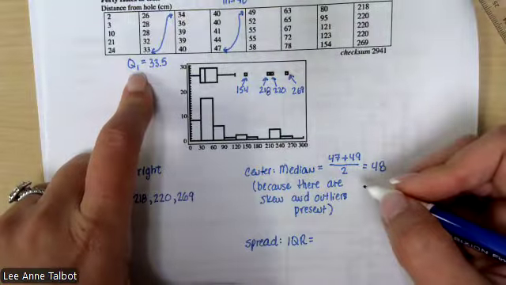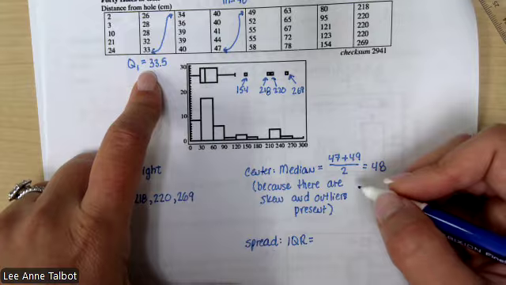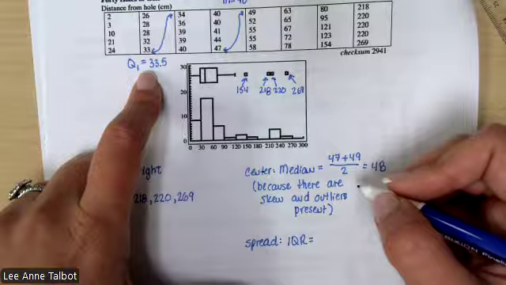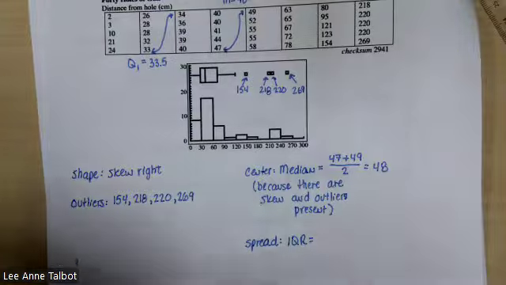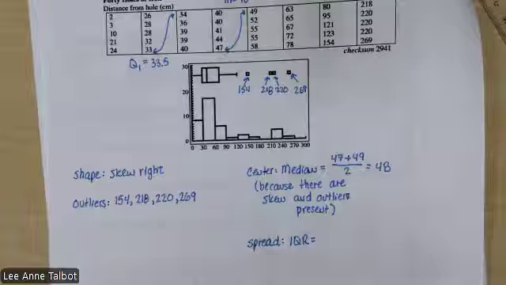Does that make sense to you guys? 33, what's right in between 33 and 34? Excellent question. All right, so did the median make sense?